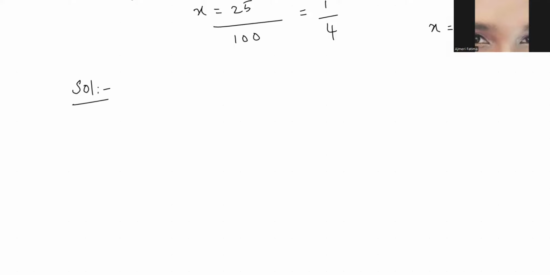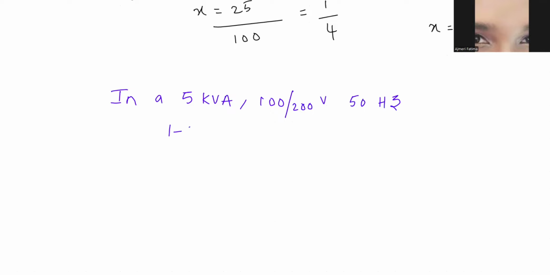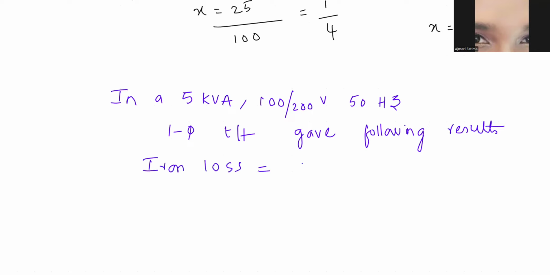Let me write the question first. A 5 kVA, 100 by 200 volt, 50 hertz, single phase transformer gave the following results: iron loss is equal to 90 watts and copper loss is equal to 110 watts.